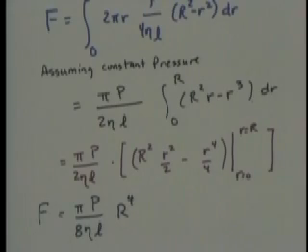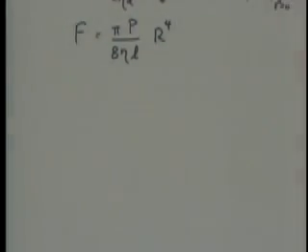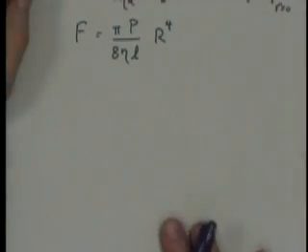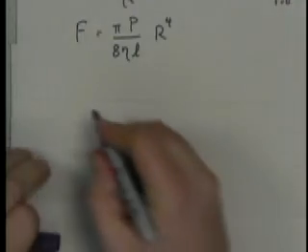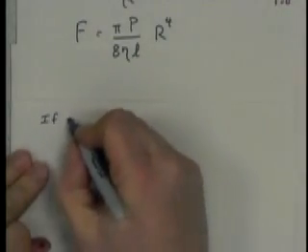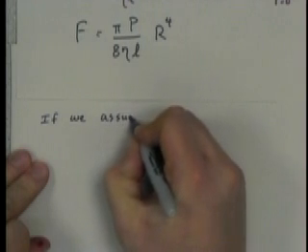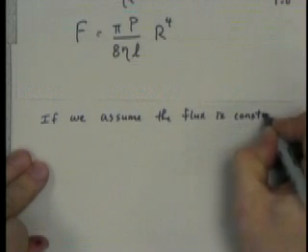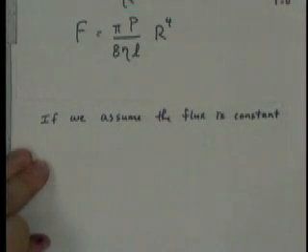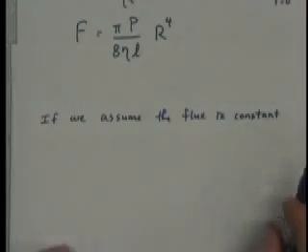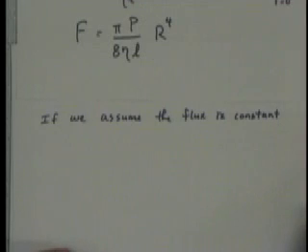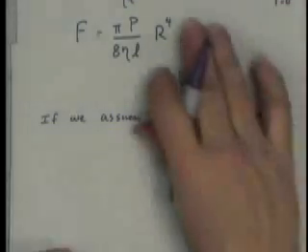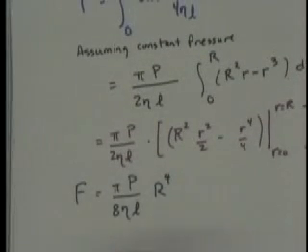Is that okay? They're going to have a few questions. Most of them are actually going to be plugging in, although there's some interesting things to think about with this. If we assume the flux, capital F, is constant... Someone has a question.